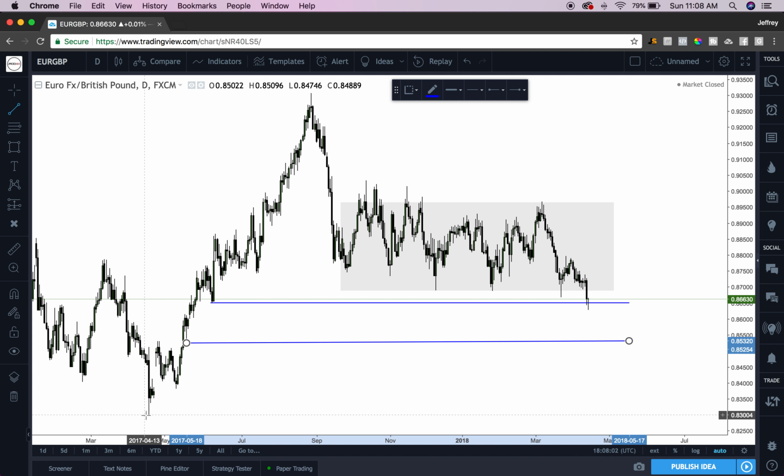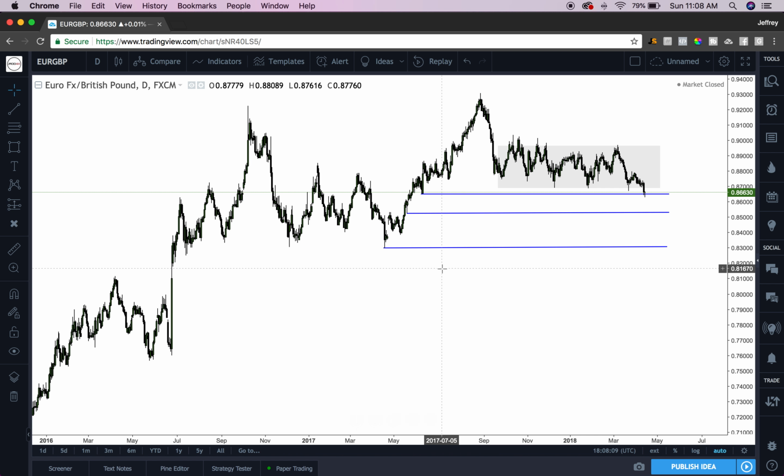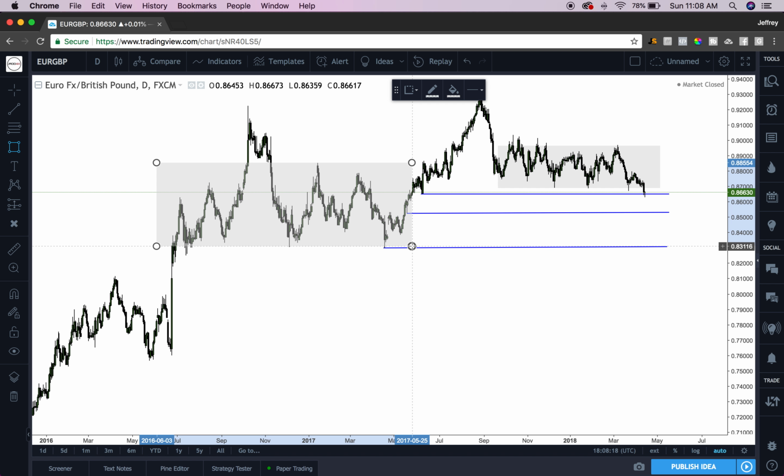The reason I think we're going to get a move below this low here is because if you look here, we had another consolidation. Alright, consolidated, broke out, came back in, consolidated again, broke out. So now look what we've got here. For the longest time, this consolidation was finding support based off of this consolidation here.